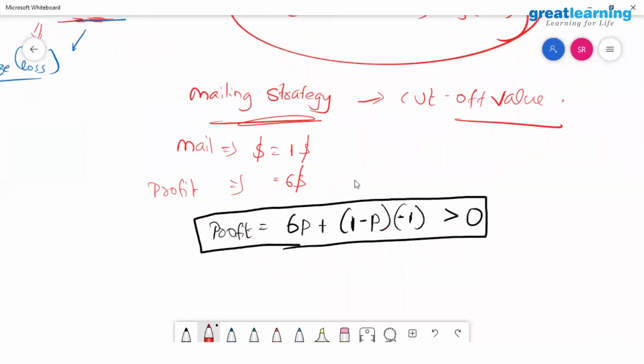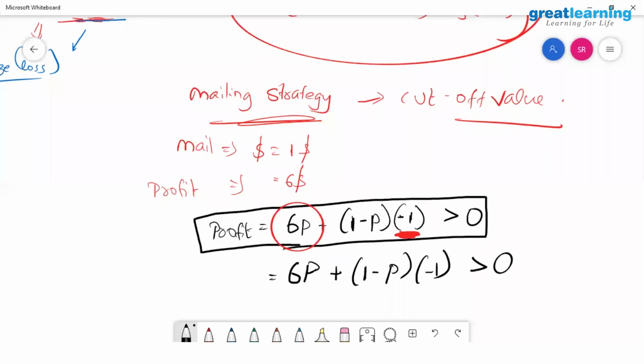If the person purchases it, the profit is 6p. And if the person does not purchase it, I have a loss of -1. Do you agree with me here? Any doubt? So my overall profit should be greater than or equal to 0.